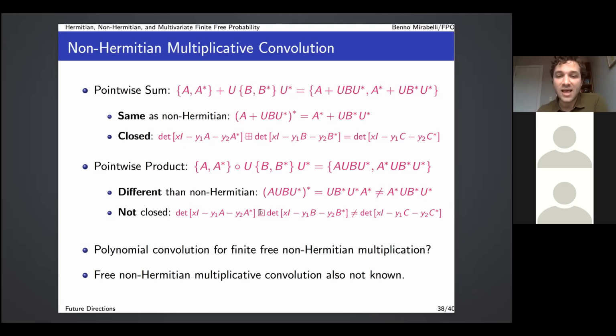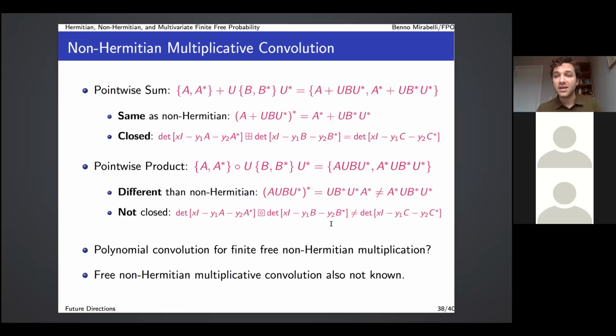And related to that, the finite box product of two non-Hermitian characteristic polynomials gives me some multivariate polynomial, but it does not necessarily correspond to a non-Hermitian characteristic polynomial for some matrix C. Again, as far as I know, we don't have a polynomial convolution that keeps this property. We haven't been able to find one. And as far as I know, in free probability, they also haven't found such a non-Hermitian multiplicative convolution. So there's clearly something hard going on there.